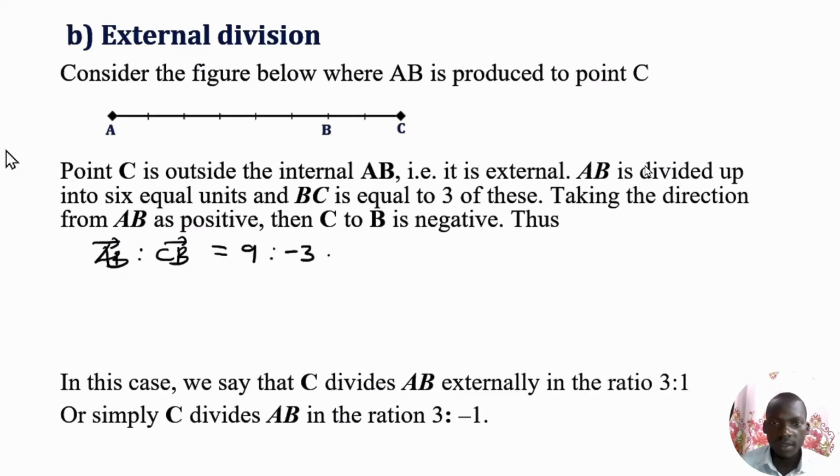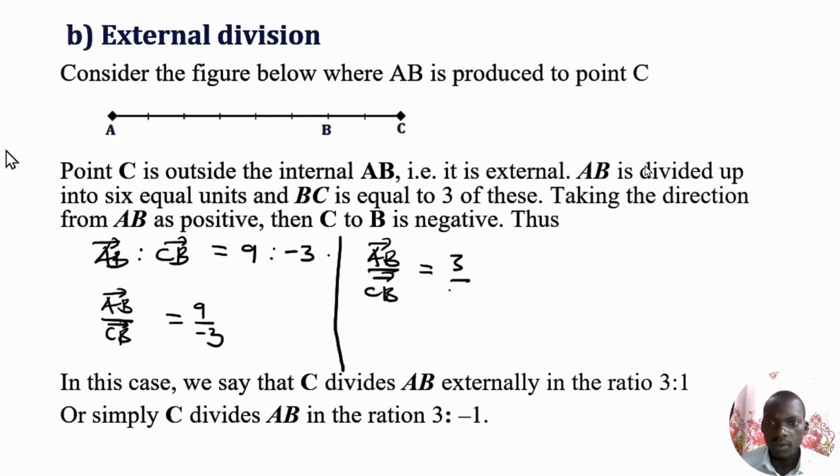As we simplify this, vector AB divided by vector CB is equal to 9 divided by negative 3, implying that vector AB divided by vector CB equals 3 divided by negative 1. So the ratio of vector AB to vector CB, when C is a point dividing the line AB externally, equals 3 to negative 1.